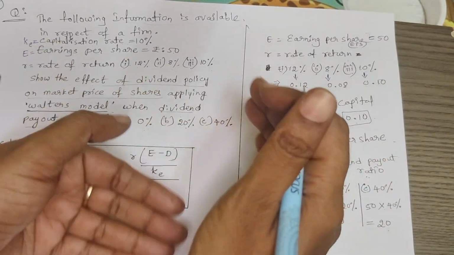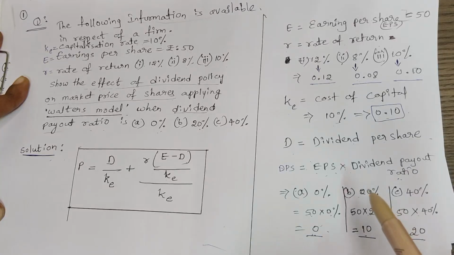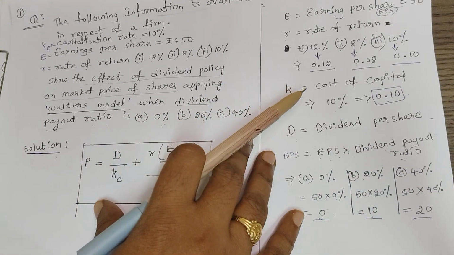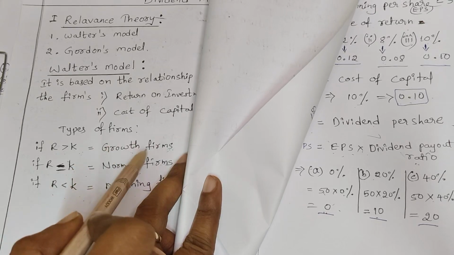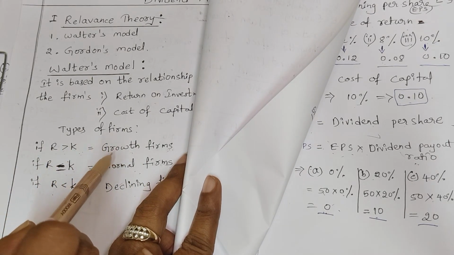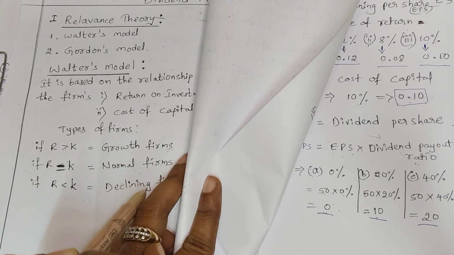So how to apply these values in the formula? Let's see. By using these details, we need to segregate all these values according to growth form, normal form, declining form. When R is greater than K, growth form. When R equals to K, normal form. R is less than K, declining form.